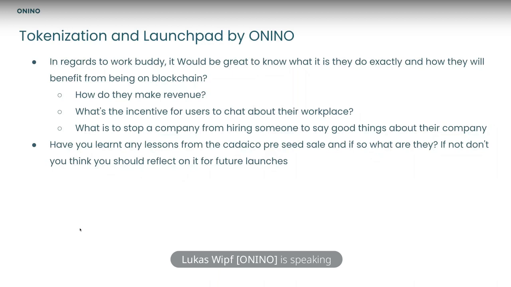On Kadaiko we've tested many different measures, and are currently still testing out a lot of measures on how each individual mechanism works for building a community. And these are all really good learnings that we are taking into every future project.